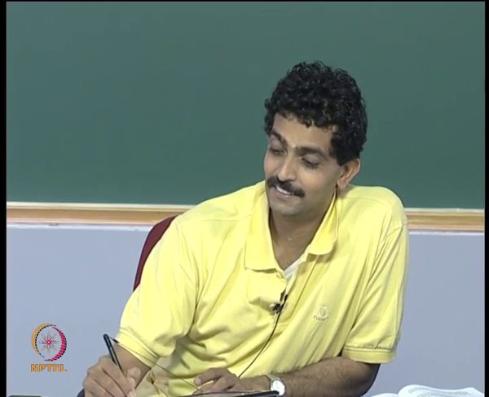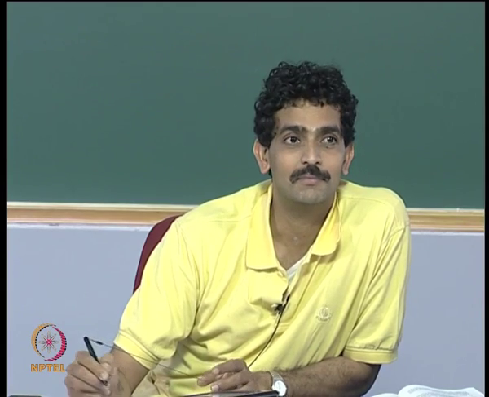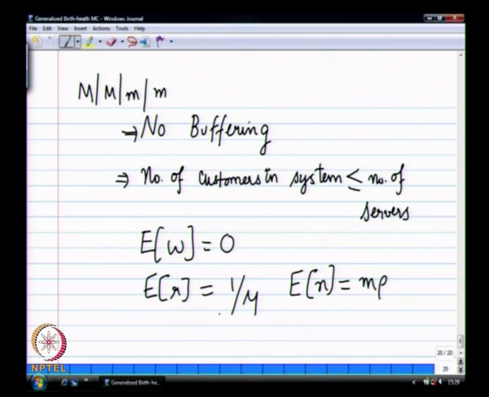E of n is lambda by mu, m rho, right, and E of nq equals 0.